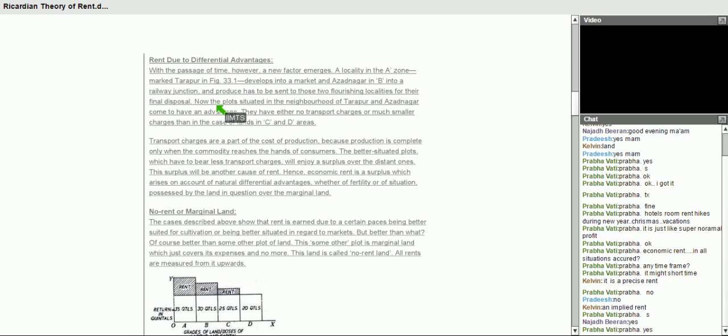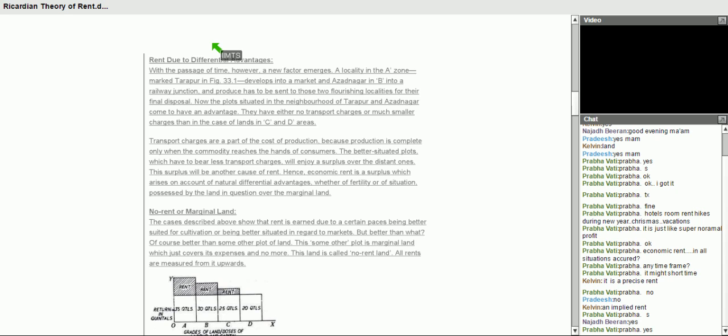Now that was about intensive cultivation. For extensive cultivation, the rent was the difference between the two prices of the similar product. Like initially the per quintal price was 100, but it rose to 110 in the second case.